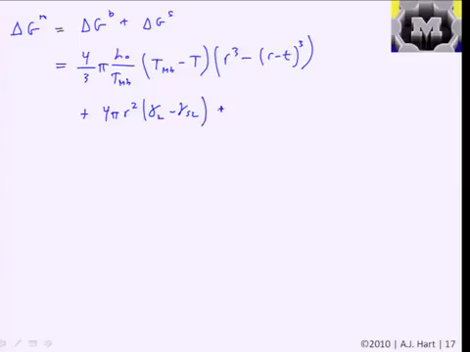And so now if we assume that we have this system where we're sitting in this state where we have a thin layer of liquid of thickness T around the particle.